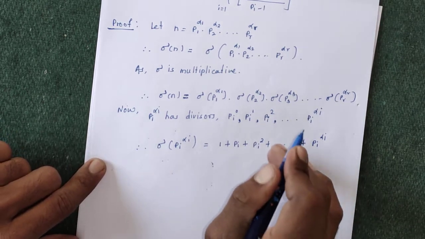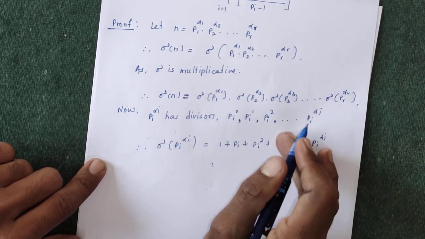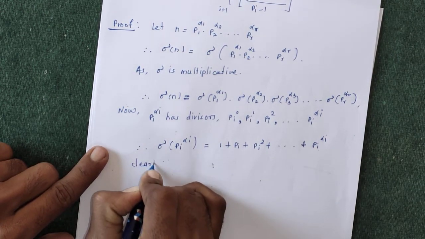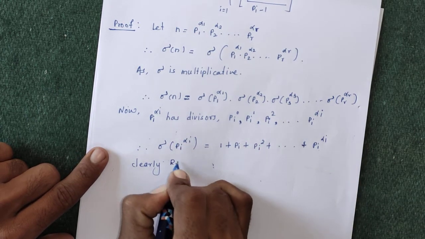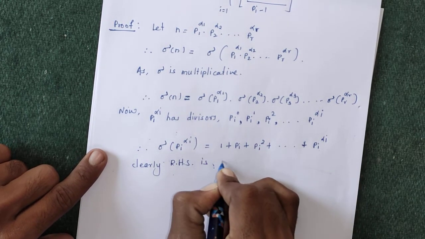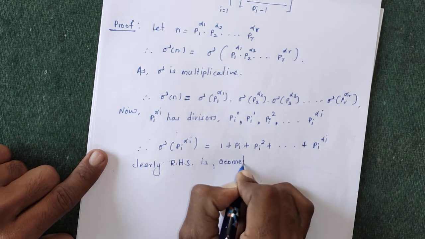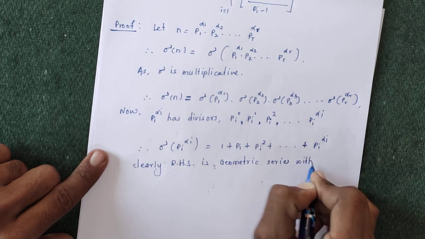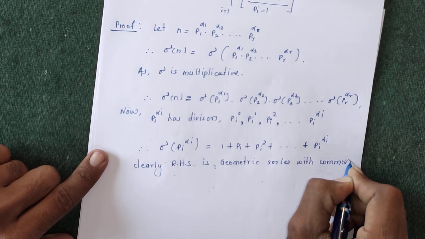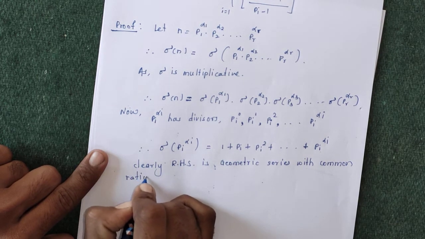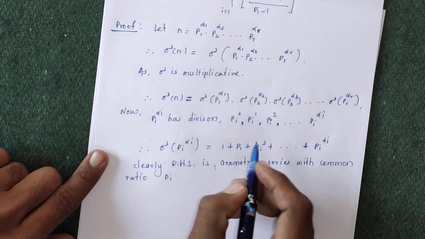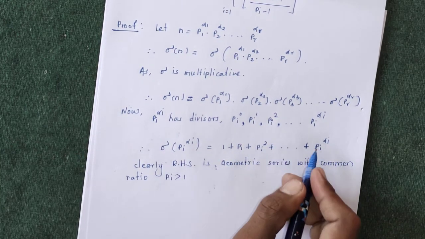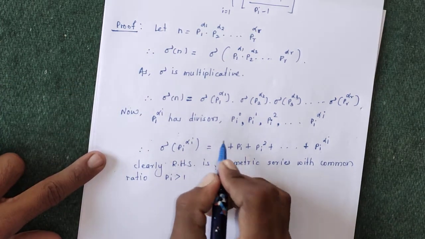So, clearly the right hand side is a geometric series with common ratio pi, and pi is greater than 1, since these all are positive divisors, and the first term is 1.